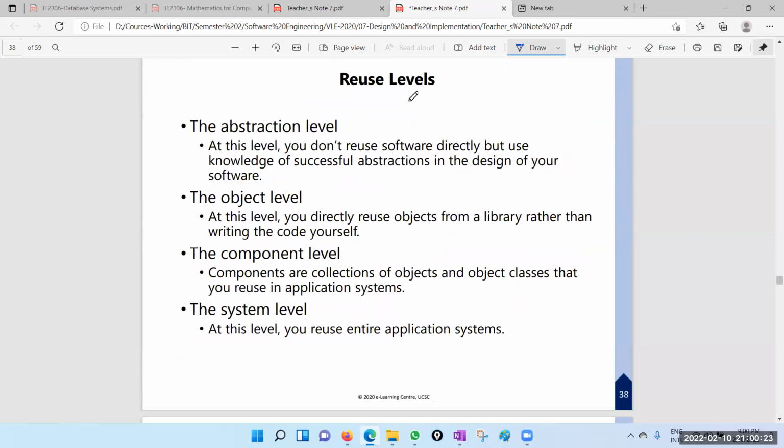So we can reuse at different levels: the abstraction level, object level, component level, or we may even reuse the system as a whole. For example, we can expose our system as a set of web services so that a third party can use it. So we are reusing the system, or we are just reusing certain components only.